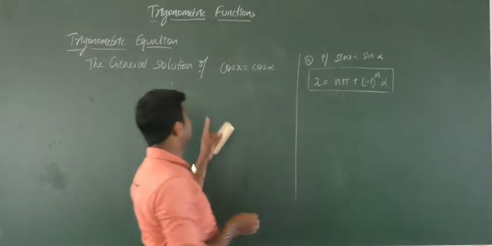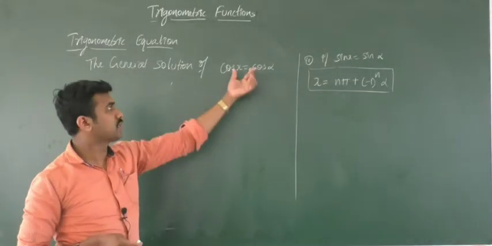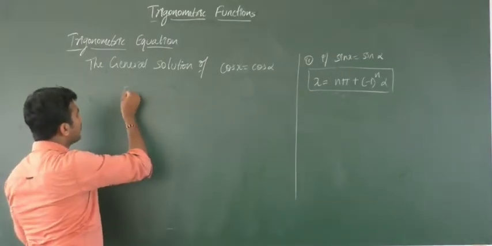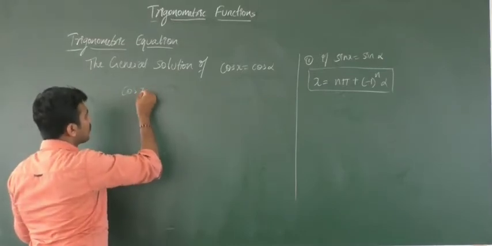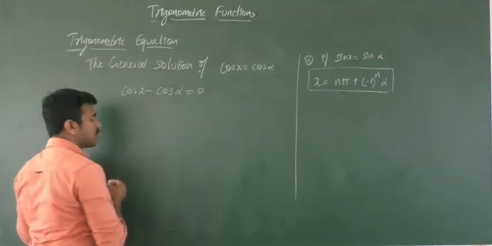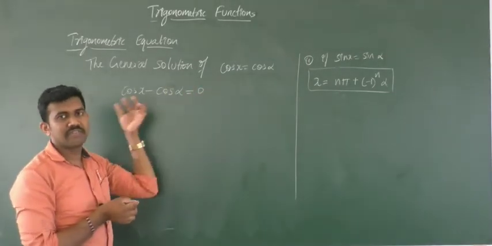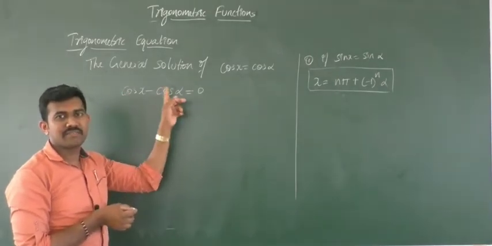For the second case, if cos x is equal to cos alpha, then what is the solution of this trigonometric equation? In this case also, in the same way we can find the solution. That is, cos x minus cos alpha is equal to 0. Bring cos alpha to the left-hand side, then we'll get minus cos alpha: cos x minus cos alpha is equal to 0.